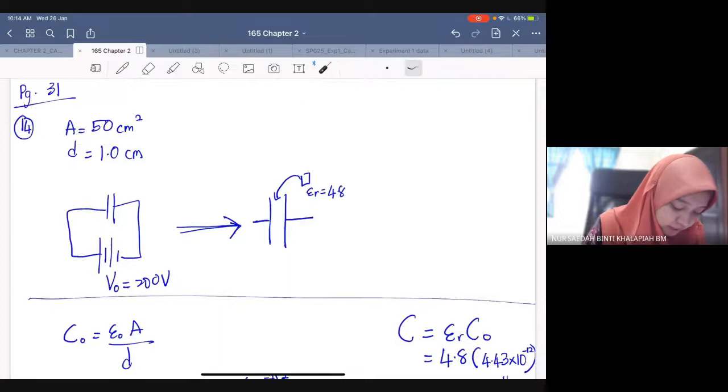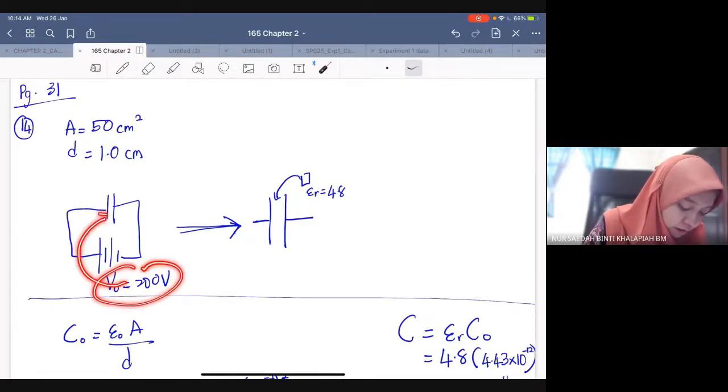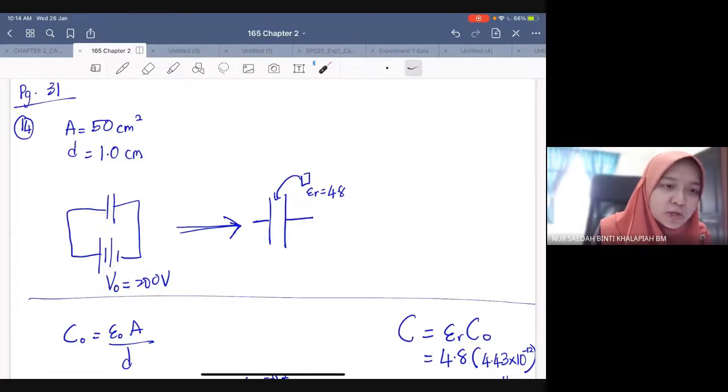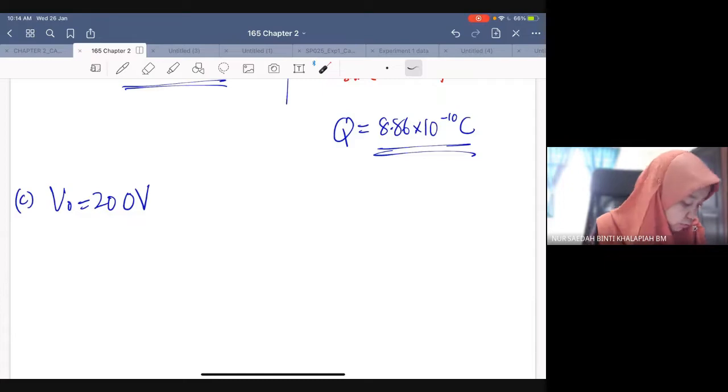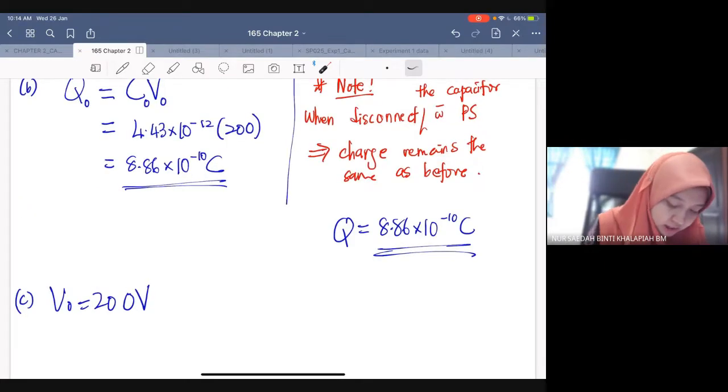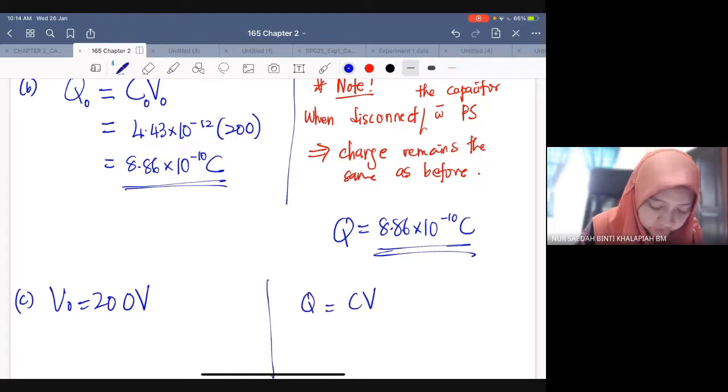Bila kita connect dengan power supply 200 volt, voltage capacitor pun 200 volt sebab dalam circuit kita cuma ada capacitor sahaja. So voltage battery akan sama dengan voltage capacitor. So 200 volt untuk before, after letak dielectrics kita akan gunakan Q sama dengan CV.